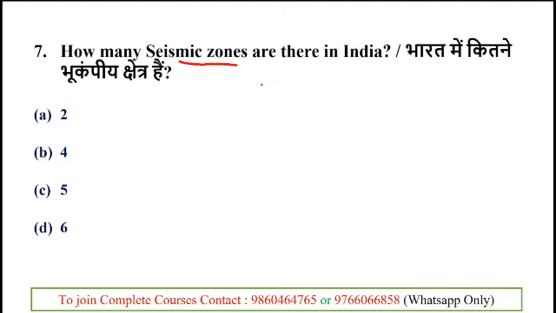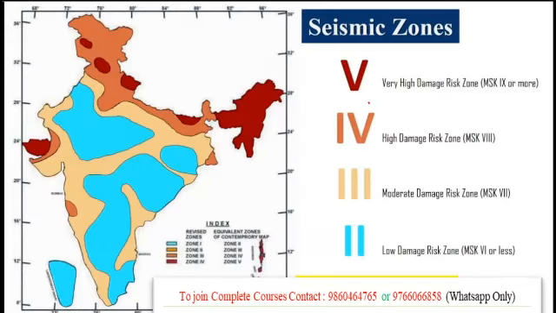So there are four important zones related with the earthquake, the seismic zones. And which are they? Which are the four important zones? Here the seismic zones: there are 2, 3, 4, 5. These are the four important seismic zones.